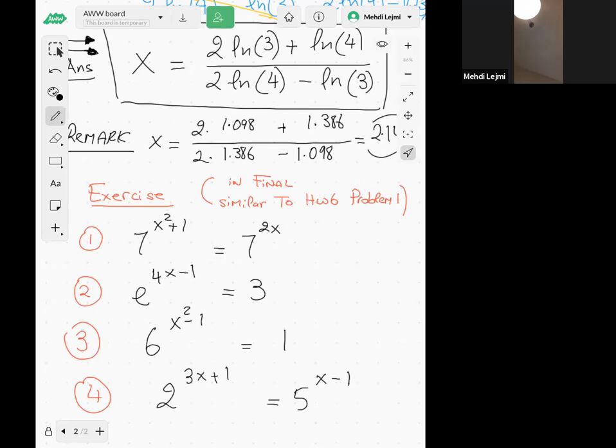Okay, guys, let's say you have 10 minutes to think about this exercise. So I would say this covers all the possible different exponential equations. When you have the same base, when you have different bases, and when we have an exponential on one side and just a whole number on the other side.